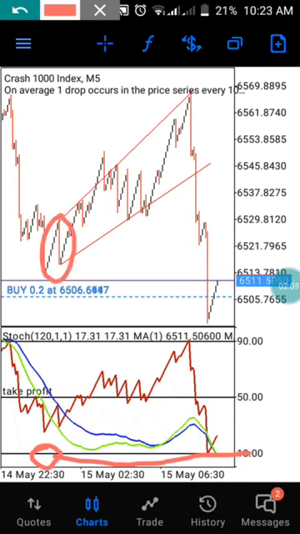You are going to identify that horizontal resistance zone, and you are going to identify your support area which the market is going to respect. These are the areas that you need to identify first.